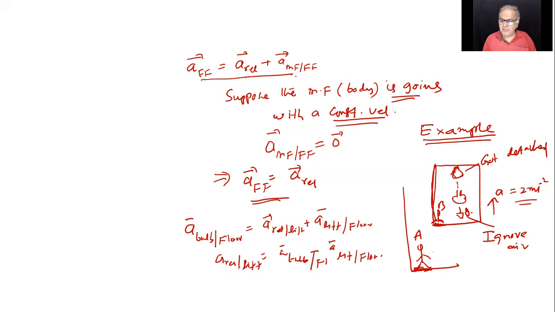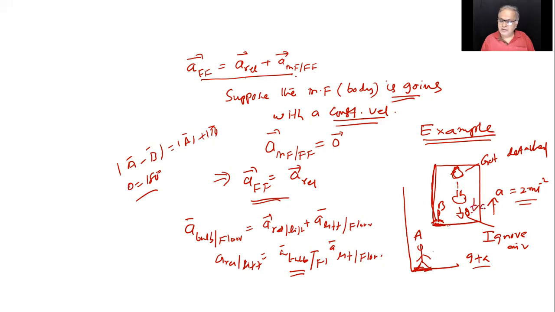So the vector a of the bulb with respect to B will be the vector difference of g and a. G is down, a is up. So the resultant is how much? G plus a. When the angle is 180 degrees between two vectors, the magnitude of a minus b equals mod a plus mod b. If theta is 180, cosine rule. Or in a simple way, as I told you many times, let this B reverse his own acceleration, a, and add it.